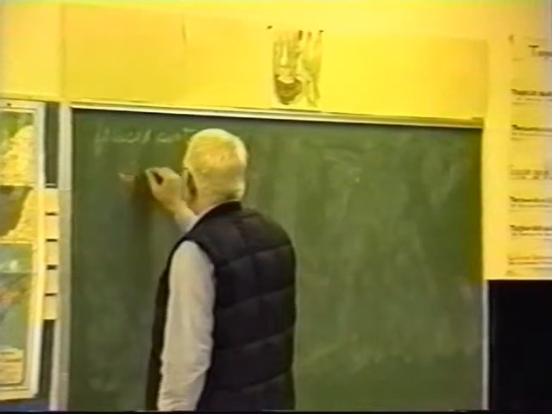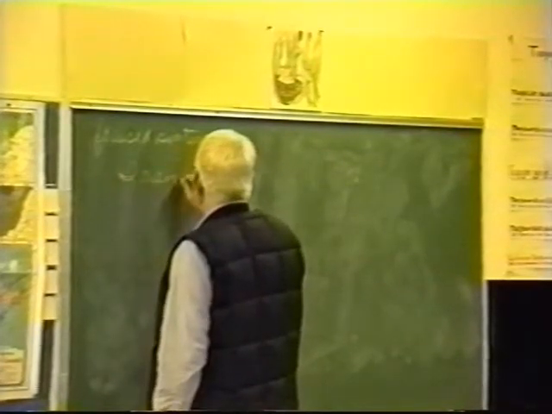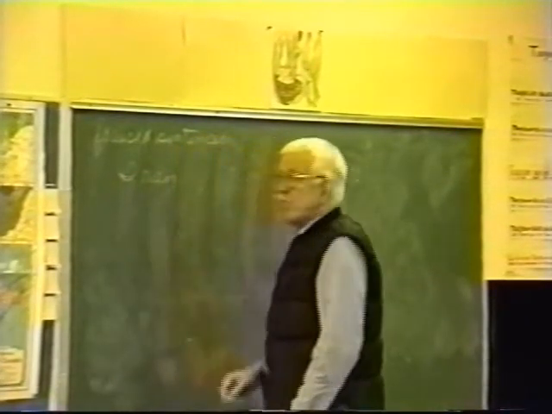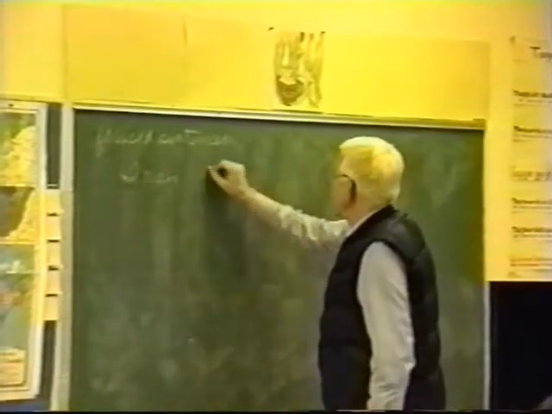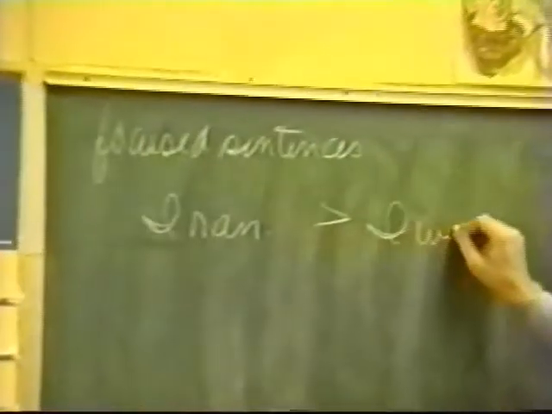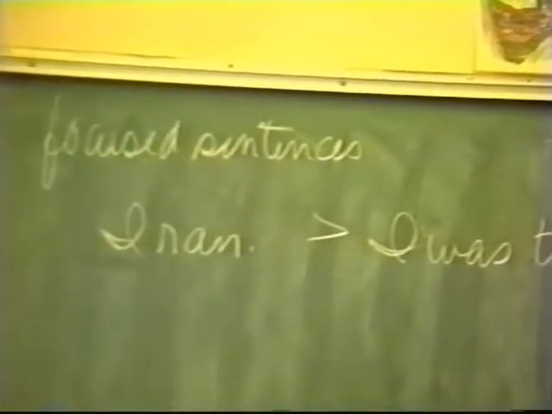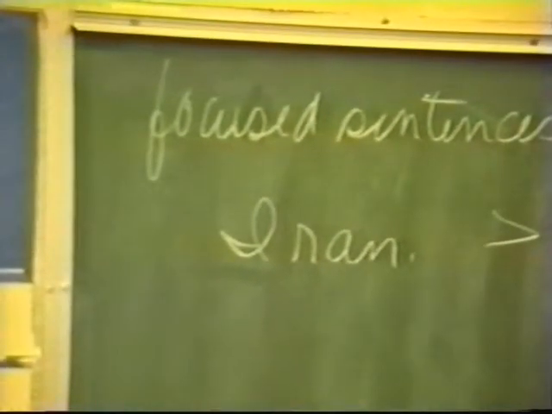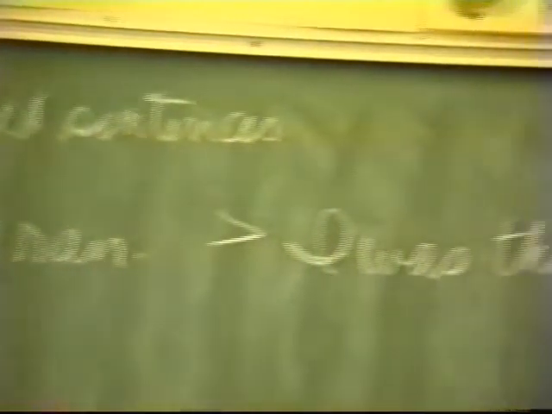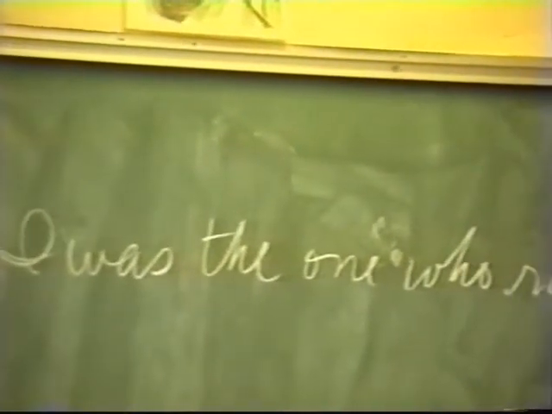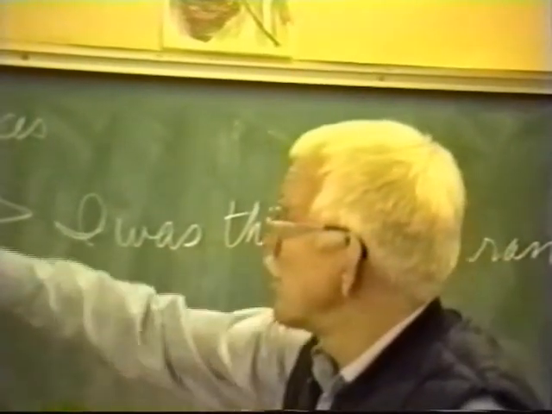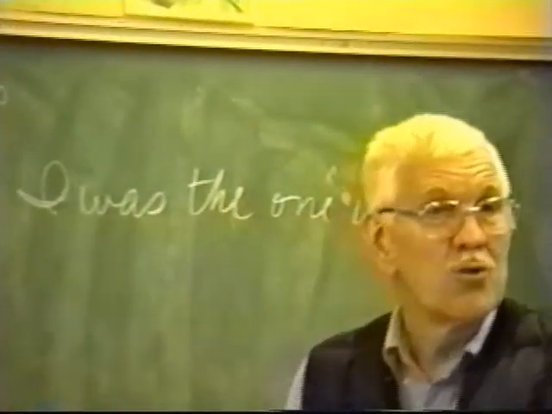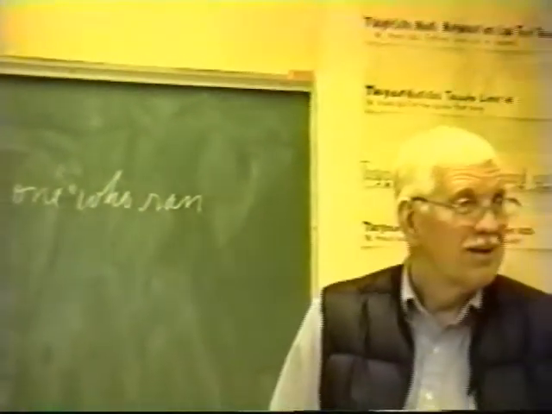So if I have a sentence such as I ran, I can focus the I right here and change it into I was the one who ran. Or in Irish English, or in some kinds of English, you can focus the ran and say it was running that I did.